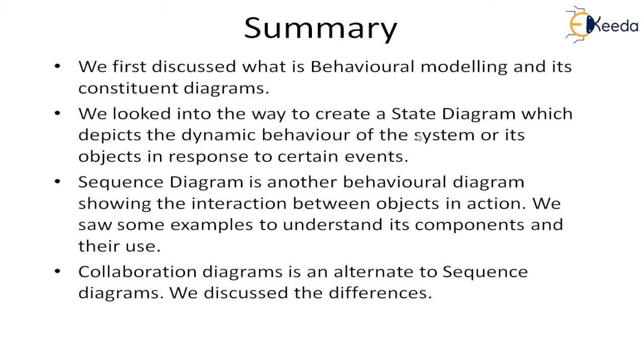Summarizing, we first discussed what behavioral modeling is and what the constituent diagrams under behavioral modeling are. We looked at the way to create the state diagram from the use case diagram, and discussed how the state diagram can be obtained by identifying the states and the events, and it depicts the dynamic behavior of the system or its objects in response to certain events.